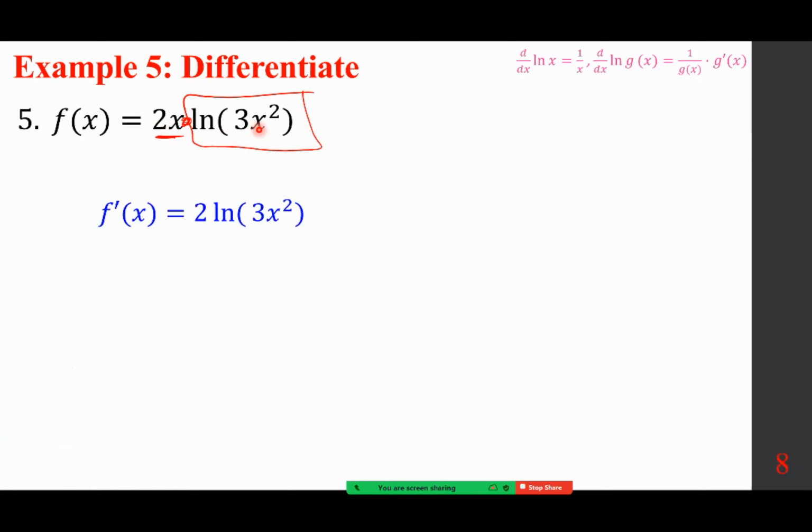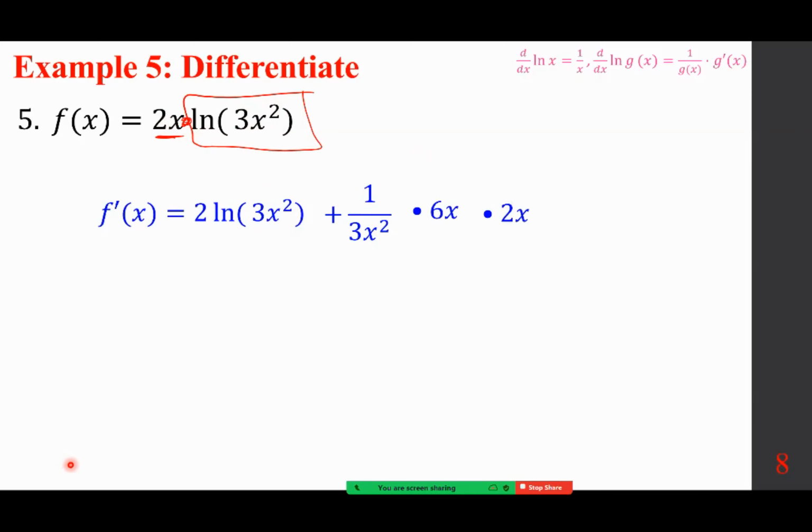First, we flip this over, 1 over 3x squared. Then we multiply by the derivative of that, g prime of x by the chain rule, times 6x. And then we multiply by 2x by the product rule.